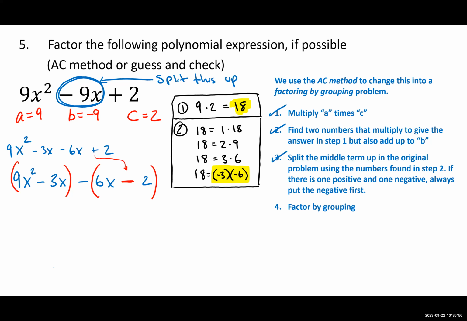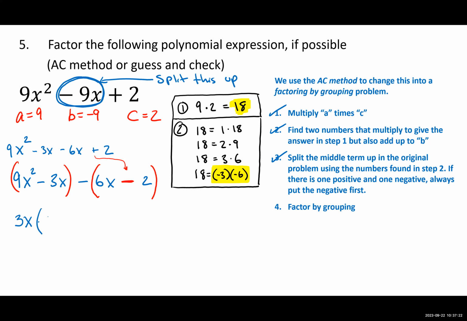And you don't only see that in quadratic problems using the AC method, you see this in grouping problems as well. So now, common factor. First two terms, the 9x squared minus 3x, they both have a 3 in common and they both have an x in common. So there's a 3x within the 9x squared, and there's a 3x within the 3x times 1.